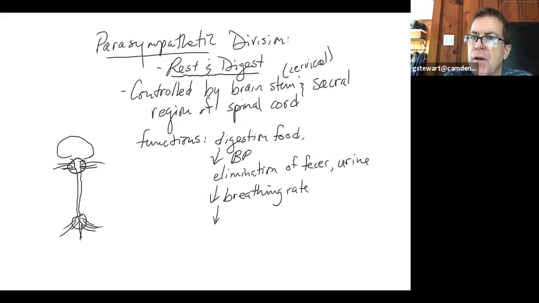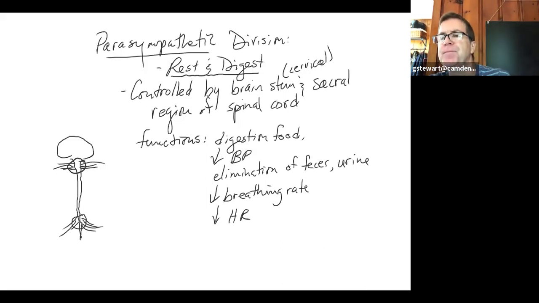Also decreases heart rate. Our hearts, believe it or not, normally want to beat faster than they do when we are at rest. It is only through the innervation of the parasympathetic fibers on the heart that the heart actually slows down. If you were to cut the vagus nerve, which is a major parasympathetic nerve innervating the heart, the heart would automatically speed up.